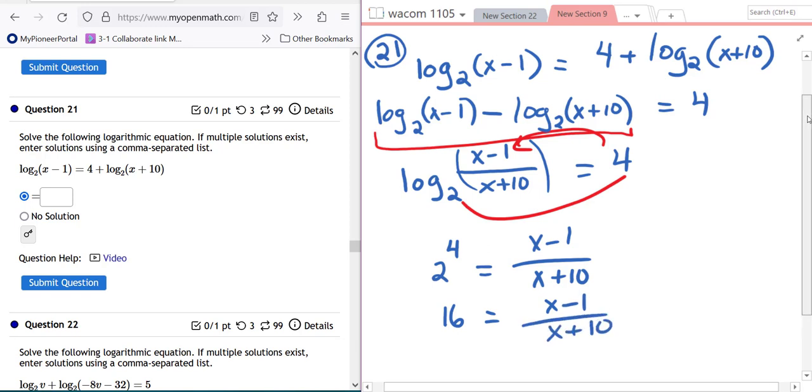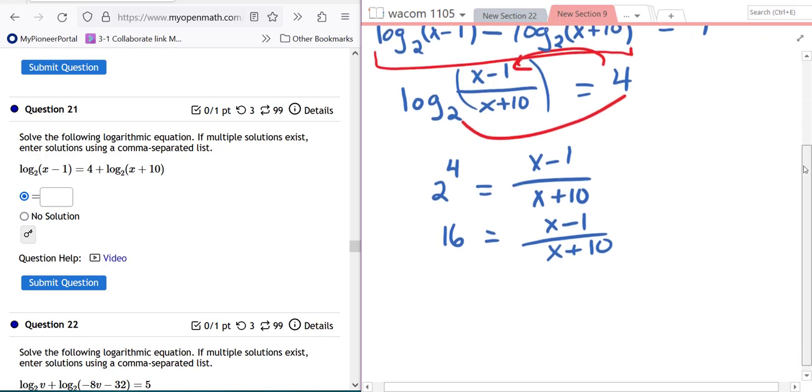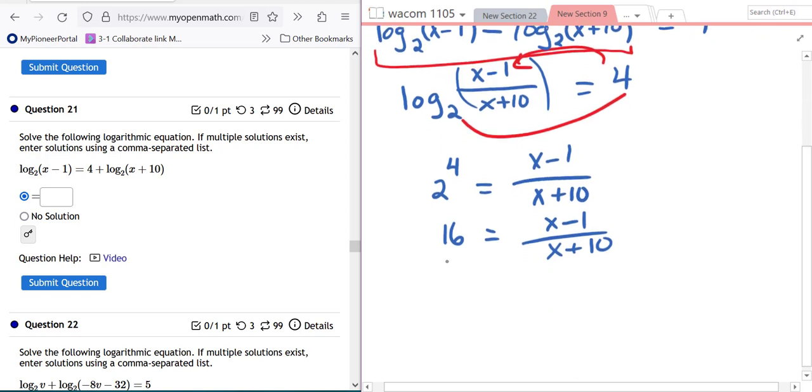And there are different ways you can solve this. You can put this over 1 and do it like a proportion, or you can just multiply on both sides by x plus 10. All right, that would clear your fraction. So we end up with 16 times x plus 10 equals x minus 1.